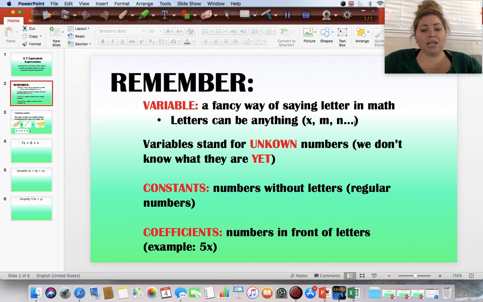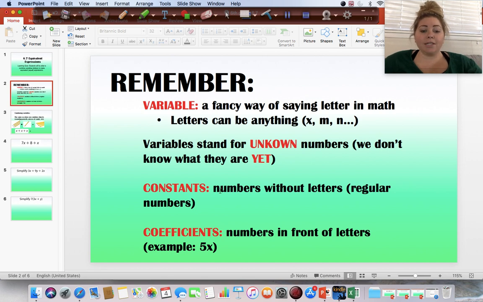The letters can be anything: x, m, n, p. Remember, we want to stay away from O and S, because O's look like zeros and S's look like fives. Variables stand for unknown numbers. We don't know what they are yet. It could be replaced by a big question mark.